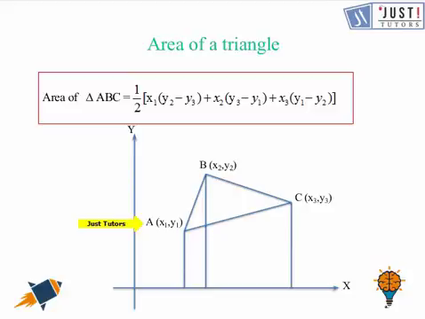They are given with different coordinate points, that is x1, y1, x2, y2, x3, y3 respectively for A, B and C. This is how we use the formula: half times x1 in brackets y2 minus y3, plus x2 times y3 minus y1, plus x3 times y1 minus y2, and then completing the brackets. We have half because the area of a triangle is half base into height. Similar is what we are doing here.